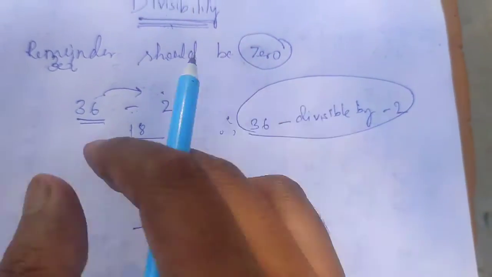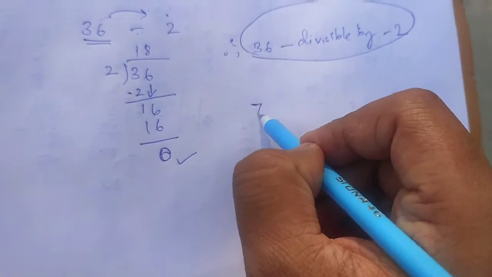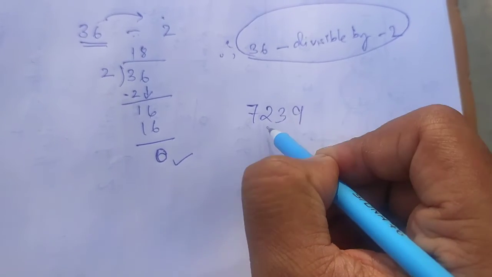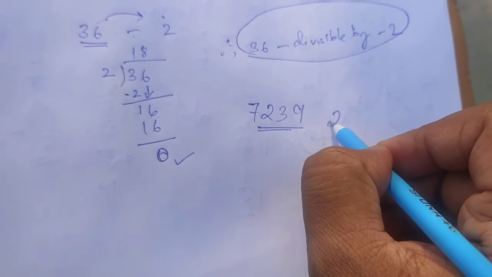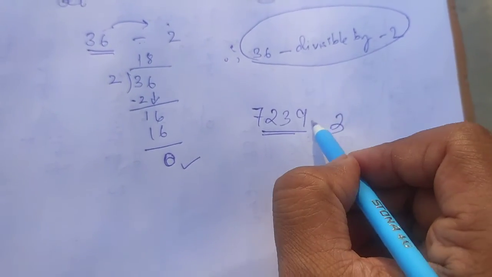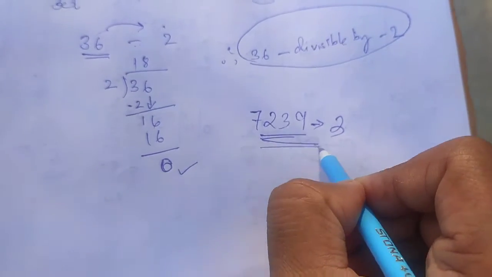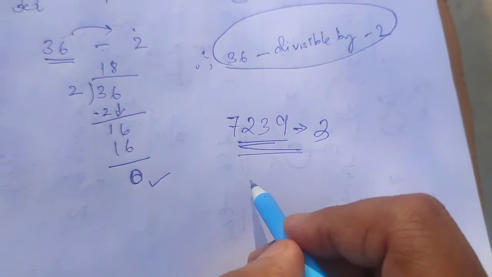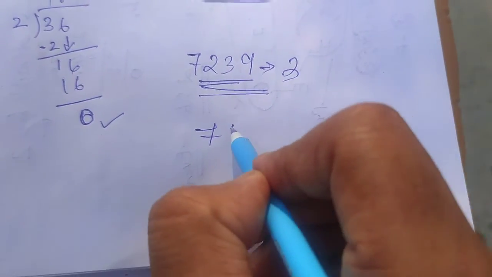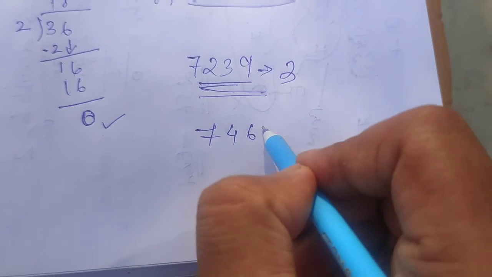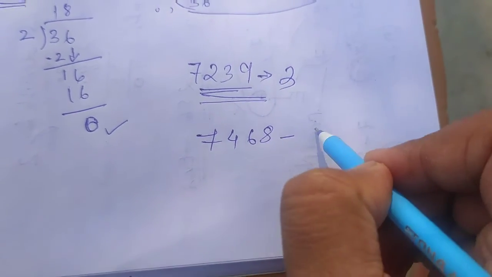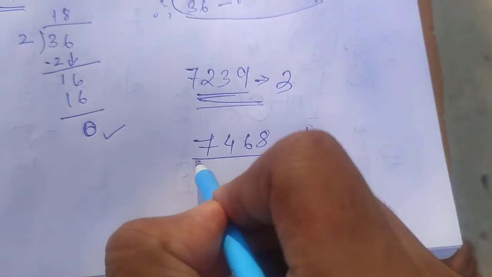So now what if I give you a big number like 7239? Is it divisible by 3? Or if I give you a number 7468, is it divisible by 4?